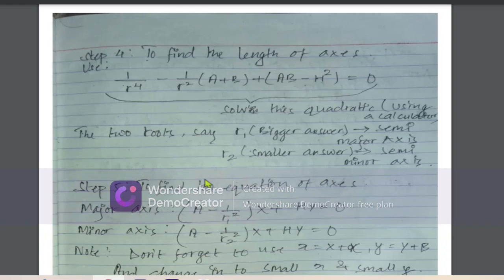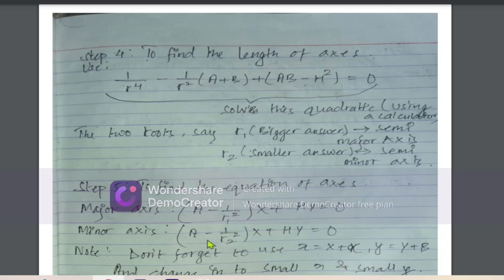And in step 5, to find the equation of the axes, that is the equations of the major axis and the minor axis. So for the major axis, a minus 1 by r1 square, this is the bigger value, so a minus 1 by r1 square into x plus hy equals 0.